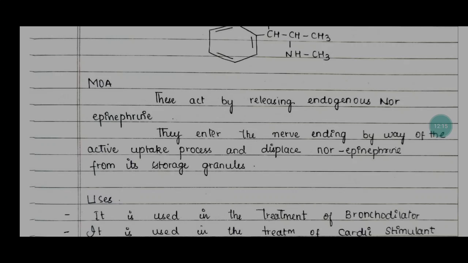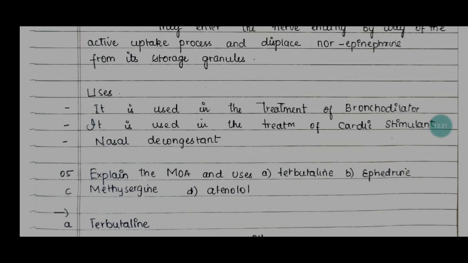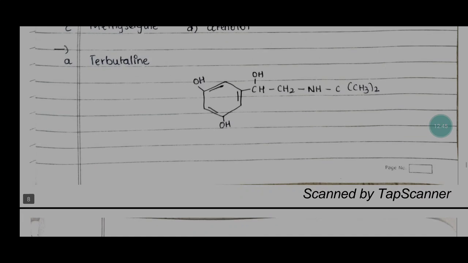So the uses for pseudoephedrine are: it is used as a bronchodilator, as a cardiac stimulant, and also as a nasal decongestant. And coming to the next question, that is question number 5, explain the mechanism of action and the uses of terbutaline, ephedrine, methysergide and atenolol.